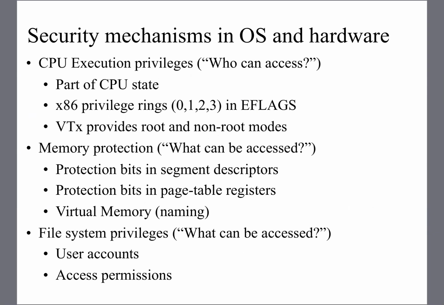For example, on the x86 platform, whenever the OS code is running or the user code is running, the CPU has an EFLAGS register which stores the current execution privilege of the code. So if the OS is running, the execution privilege is 0, and if the user space programs are running, it's 3, and you can use these intermediate privilege rings.